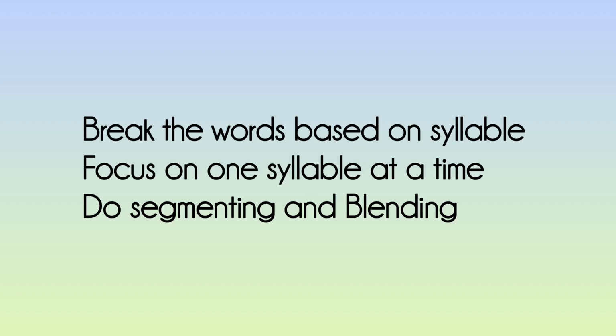Once they know how to count the syllables, then gradually they will make the spelling one syllable at a time. Maybe the word has more than one syllable, but they will focus on just one syllable at a time. Suppose they are writing the spelling of pocket. First they will focus on pock. How to write pock?